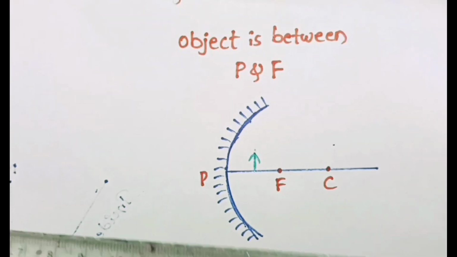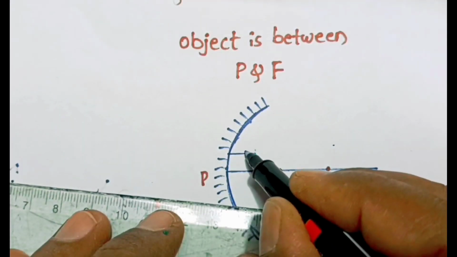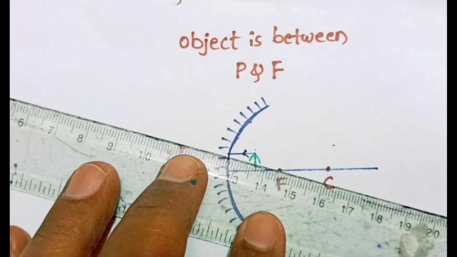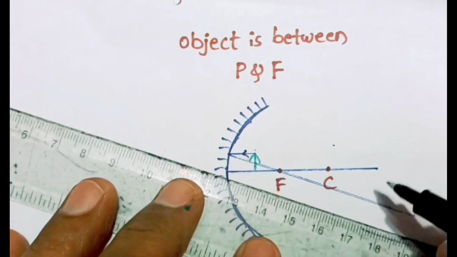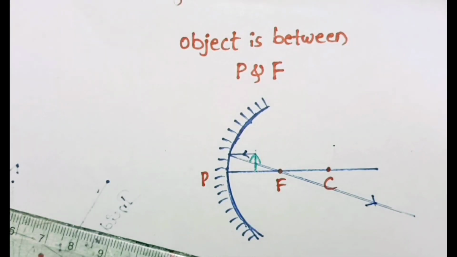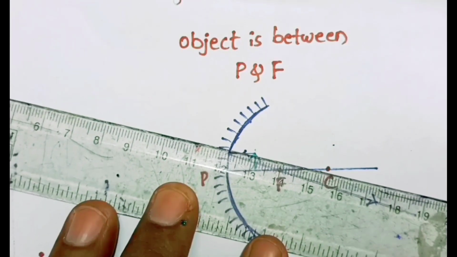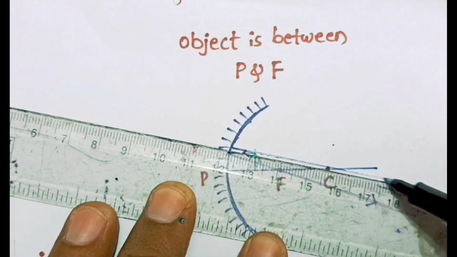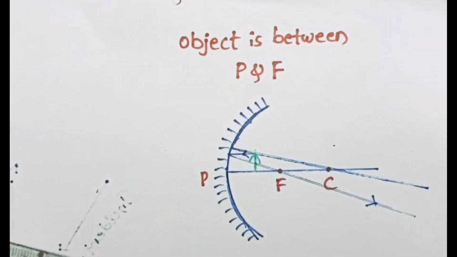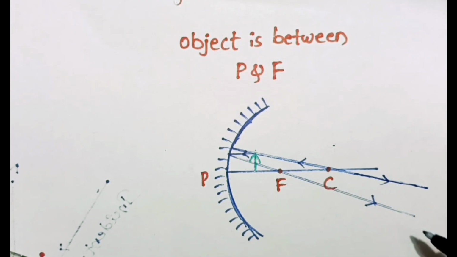Object is between P and F. The first incident ray is parallel to the principal axis. It passes through the focus after reflection. The second incident ray, which is passing through the top of the object, is also passing through the center of curvature of the mirror. Since this incident ray passes through center of curvature, it will bounce back after reflection. We notice that the two reflected rays diverge and will not meet.